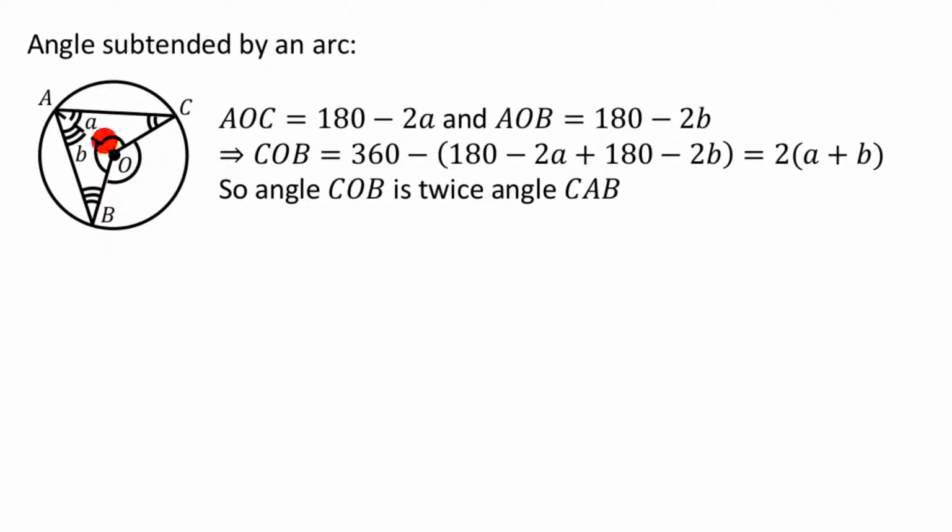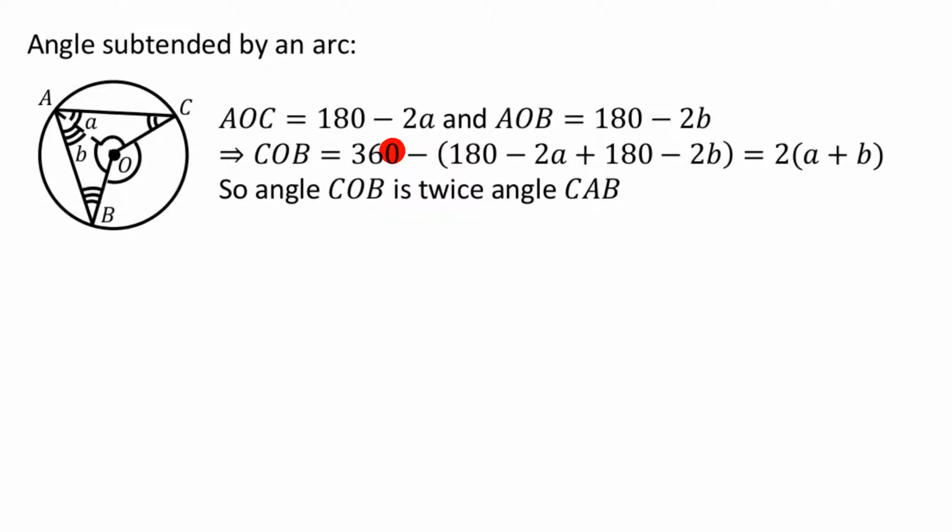What does that mean for this angle here, COA? Well, since angles in a triangle add to 180, this angle here, COA, is equal to 180 minus 2a. And this one is 180 minus 2b, because that's a triangle as well. So this and this and this add to 360. To get COB, you have to do 360 minus this one and that one.